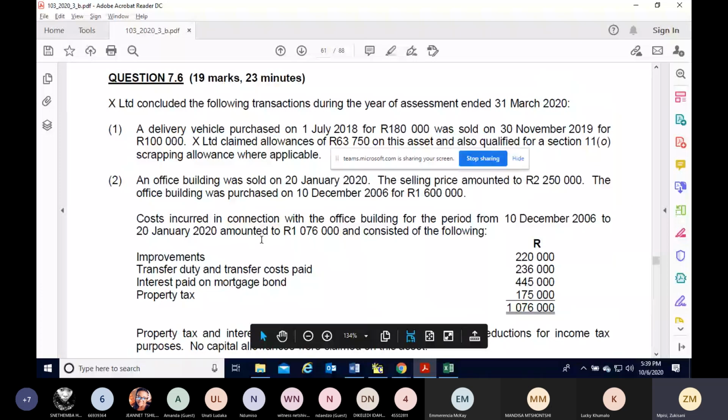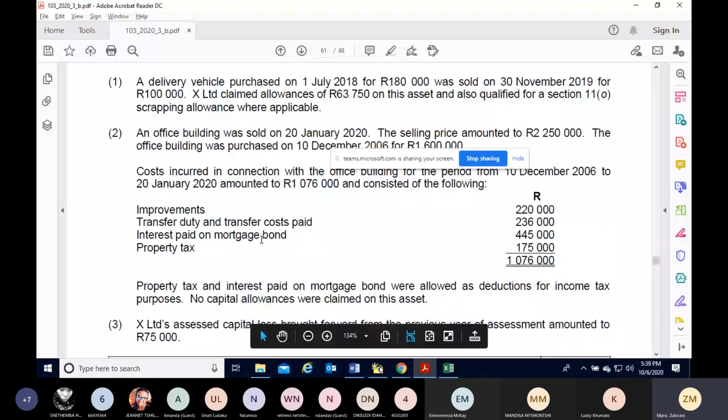So X Ltd concluded the following transactions. Number one, we've got a delivery vehicle. We are told that a delivery vehicle purchased on 1 July 2018 for 180,000 was sold on 30 November 2019 for 100,000.